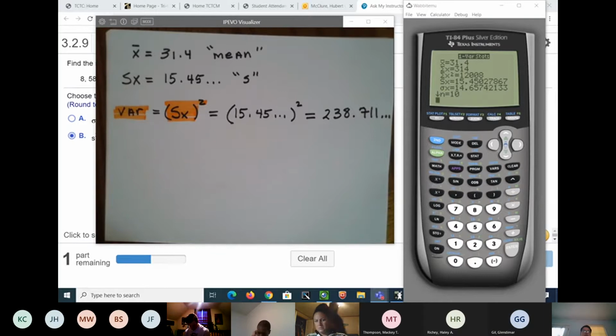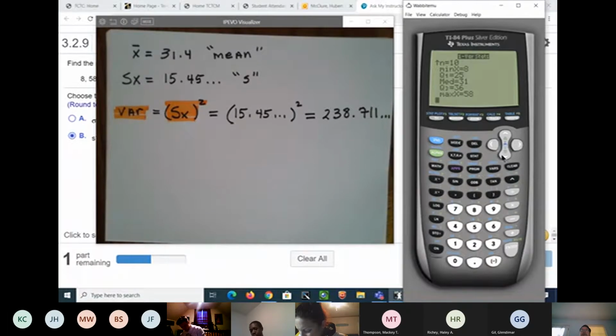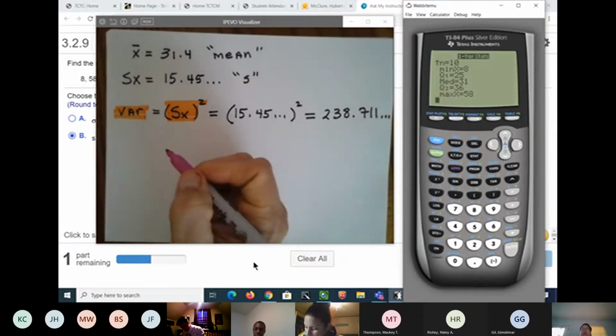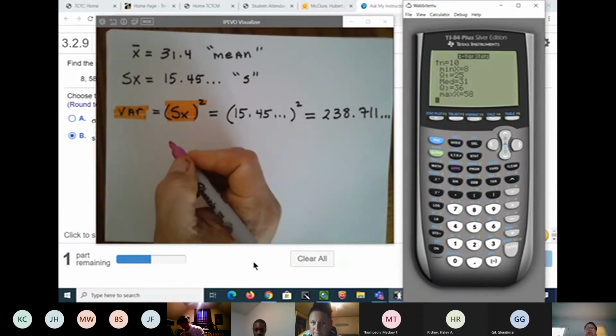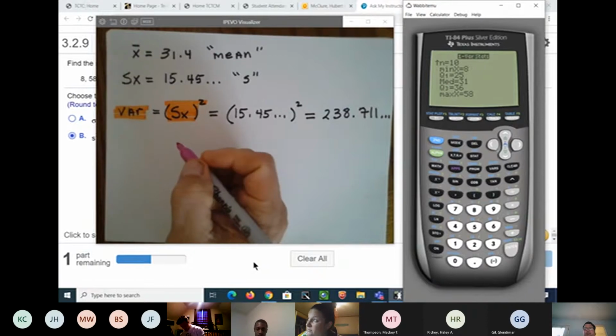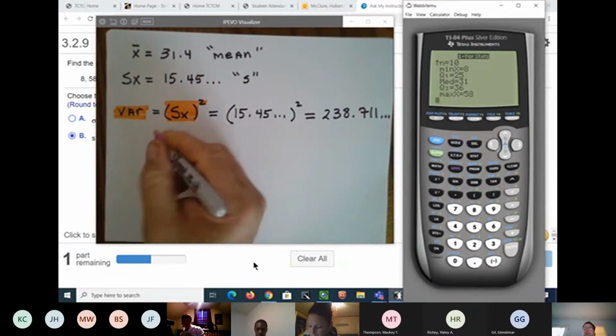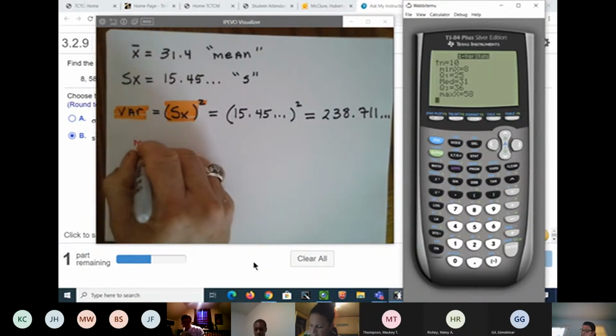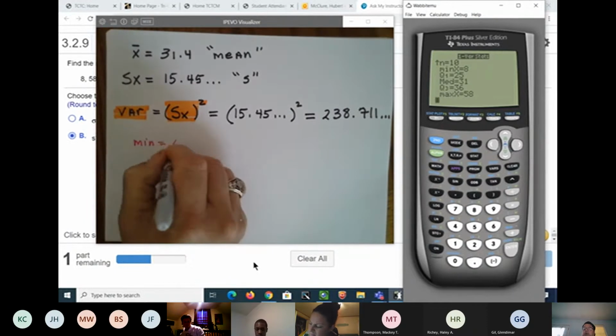Yes, sir. Okay. The next thing we're going to do is look at the 5-number summary. Arrow down, and it's a miracle, there's the 5-number summary. Min is equal to 8.